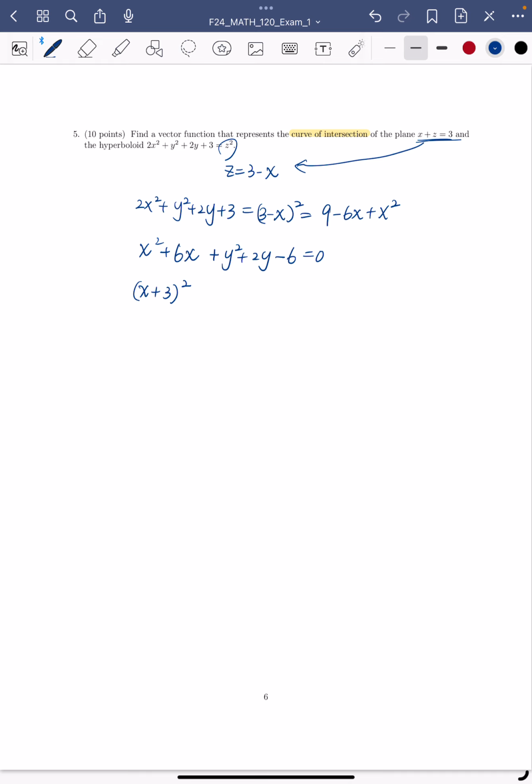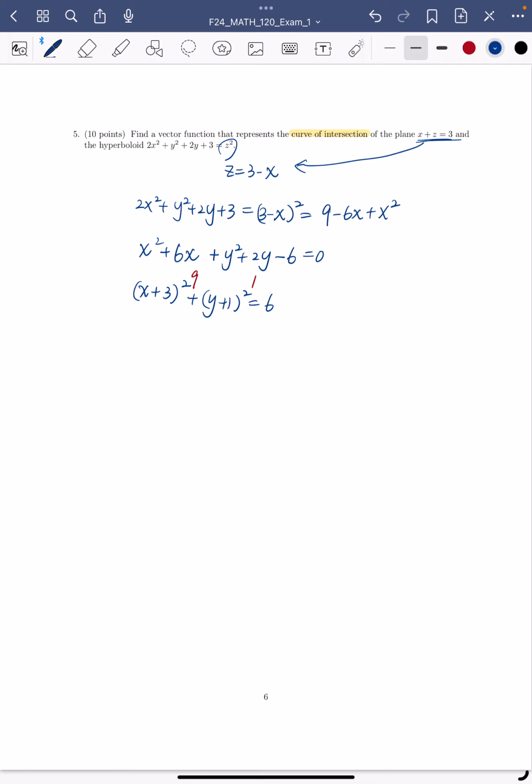Plus y plus 1 equals 6, and also we have the extra 9 because of the square there, and then extra 1.